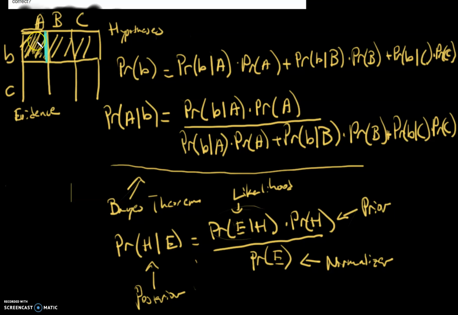So we need to divide this area by the entire area of the rectangle, and that's what the normalizer is. It's referring to the entire area of the rectangle in order to get a probability distribution. So once we have this term divided by this term, we'll have a probability distribution. We can then take this entire expression, multiply it by the prior distribution in order to get another probability distribution that we call posterior. Why posterior? Well, it's after the fact that we have the evidence.